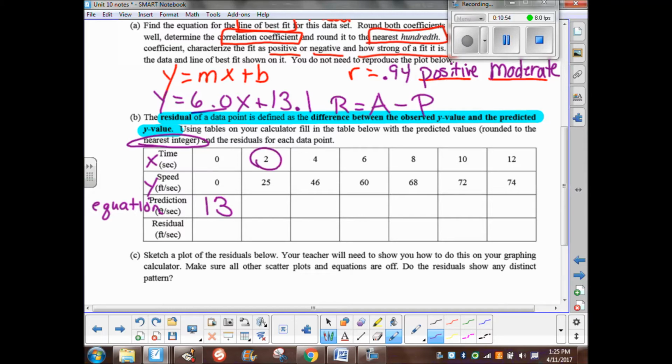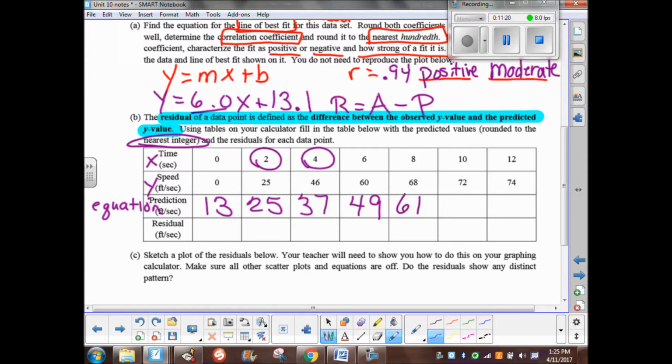What do we get? 25. Put 4 into the equation, rounded to the nearest integer. 37. Nice, Liam, you're on a roll. Keep going. What's the next one? 61.